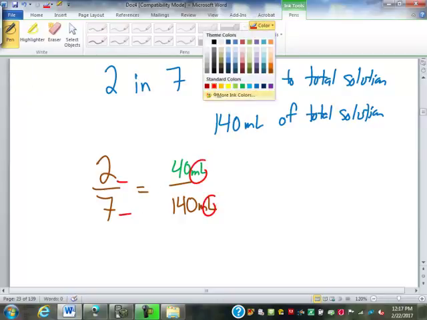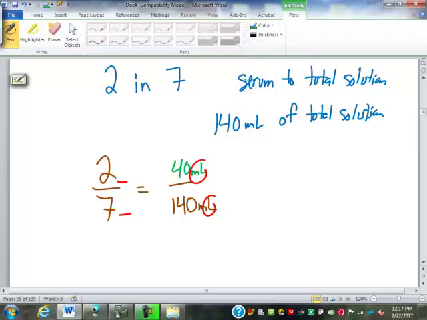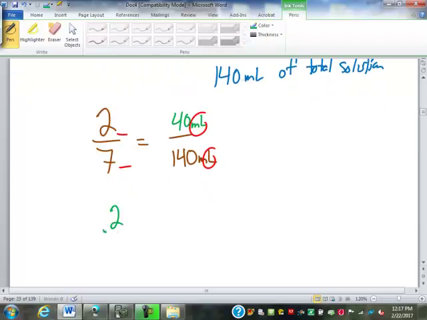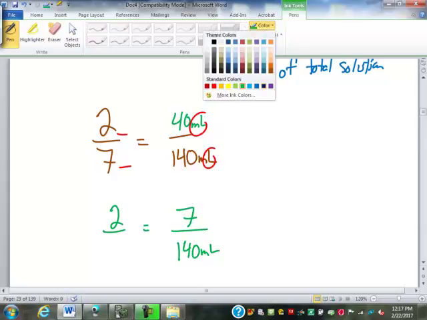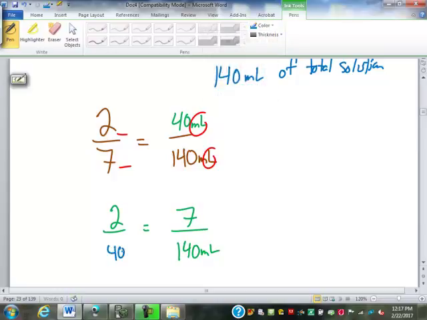We could have, however, set it up with the 2 and 7 both on top like this. The 7 represents the total solution, so the 140 milliliters goes with that. And then we cross multiply and divide to get the 40 milliliters here. So you can see there the milliliters are like that. These are the exact same ratio, just set up differently.